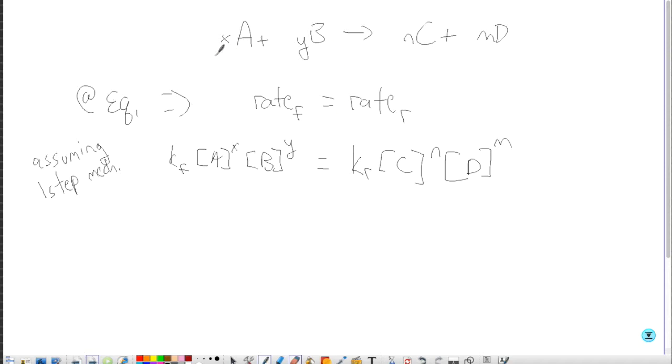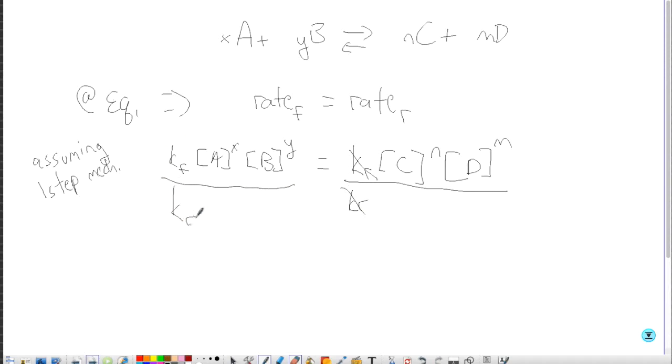And if I want to know how fast this reaction progresses as written, I want to compare the forward rate constant, K forward, to K reverse. So I'll divide both sides by K reverse, to get rid of this bad boy.